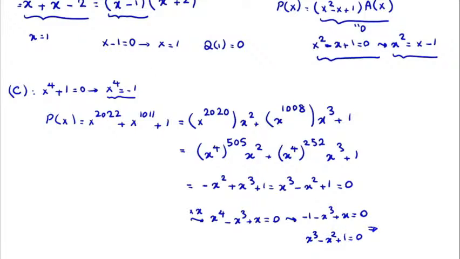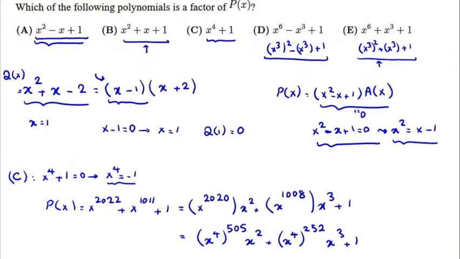If we add these two, x cubed cancels and negative 1 and 1 cancel. So x minus x squared is 0. We know that x is not 0 because x to the 4 is negative 1, so 1 minus x is 0. So x is 1. But if x is 1, x to the 4 is not negative 1. So here we've reached a contradiction for part C.